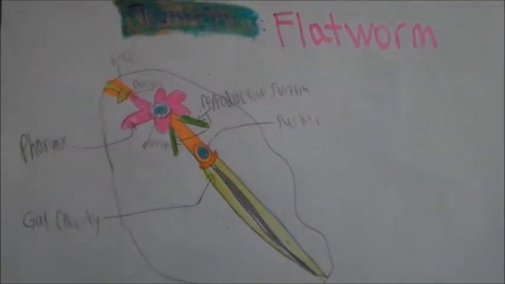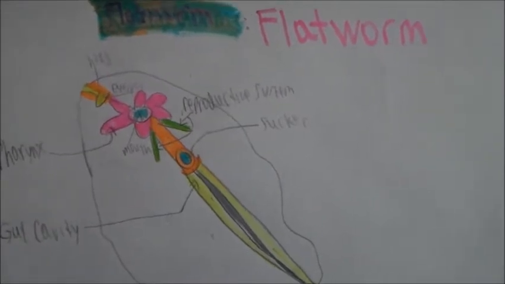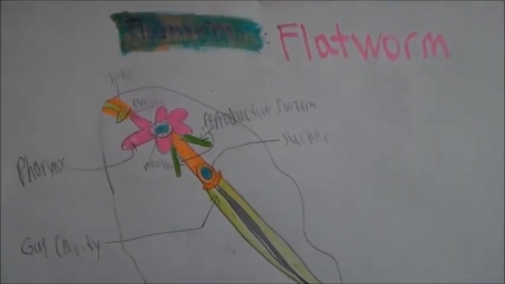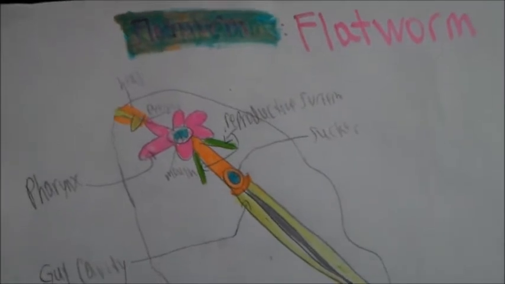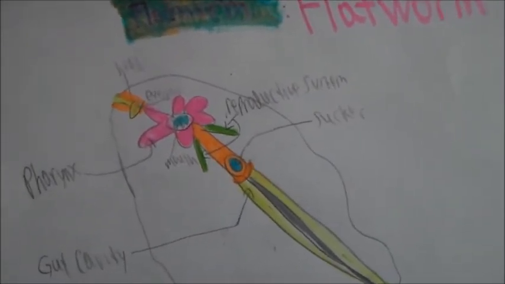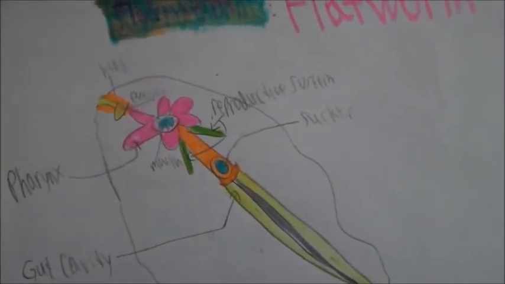Some things to talk about with the flatworm. It has no circulatory system, and also they have an incomplete gut and solid body.